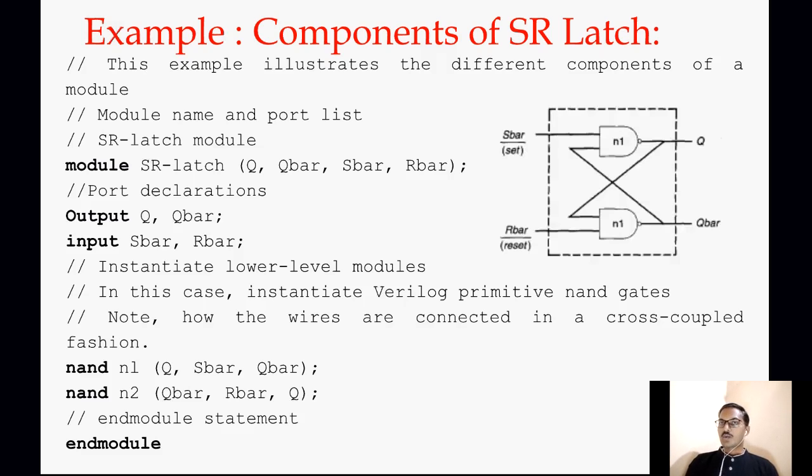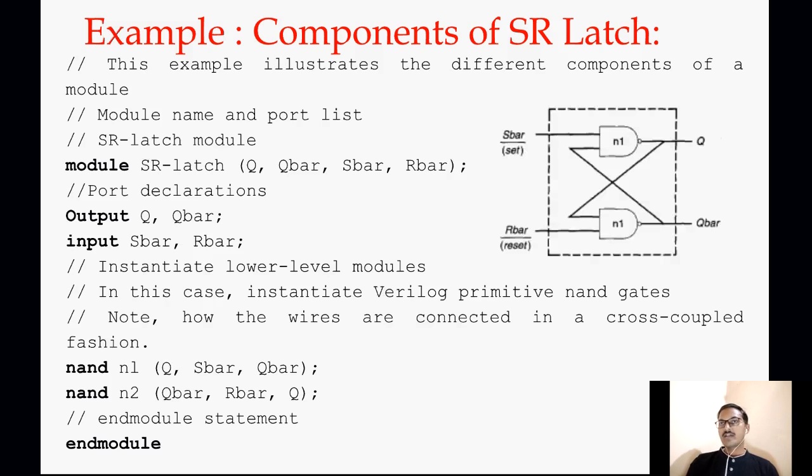There are six gate primitives provided in Verilog. As we have seen in the internal circuit of this SR latch, there are two NAND gates, and to specify this in Verilog, we use the gate primitive NAND.